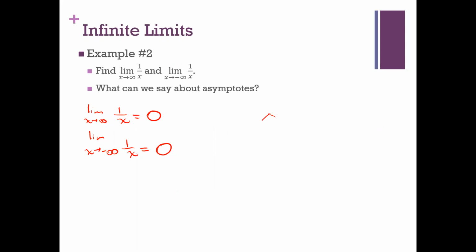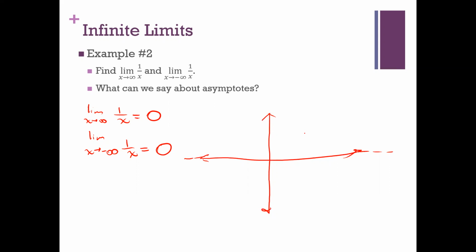So where do we have an asymptote? y equals 0, right? Coinciding with the x-axis, I have this y equals 0 asymptote. Do I have any vertical asymptotes?